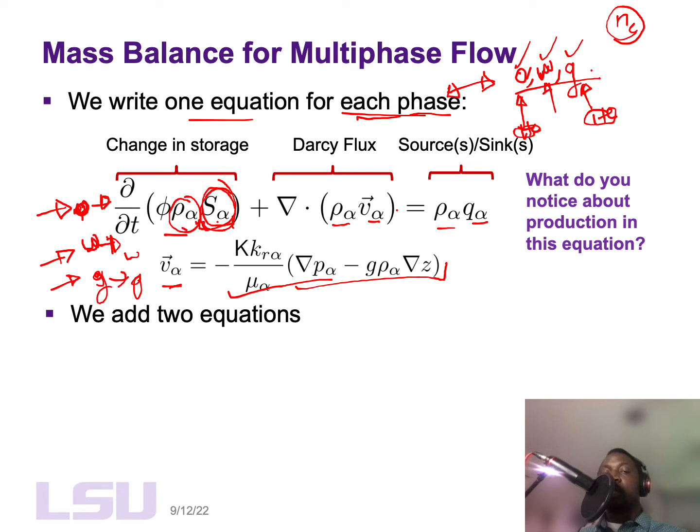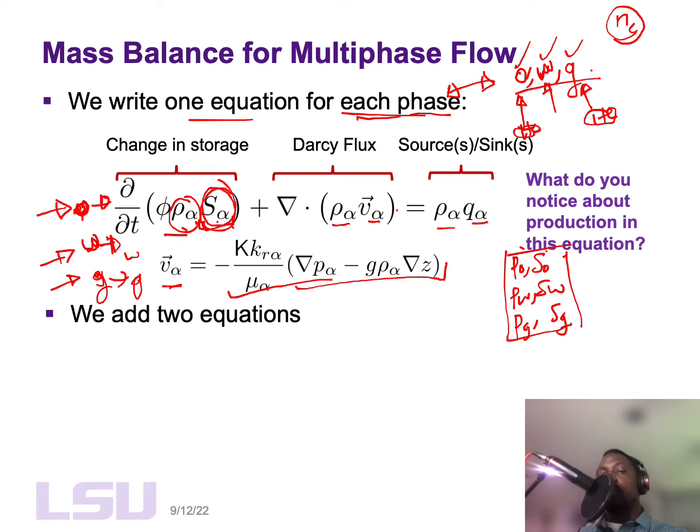So you have three equations. And you will see that pressure in the oil phase will show up in the first equation. Saturation of the oil phase will show up in the first equation. Pressure of water, saturation of water, pressure of gas, saturation of gas. So it looks like you have 6 primary variables. And then it's just 3 equations.